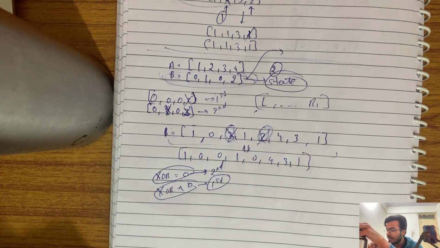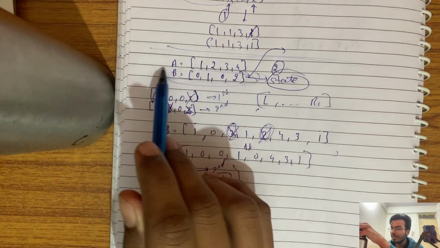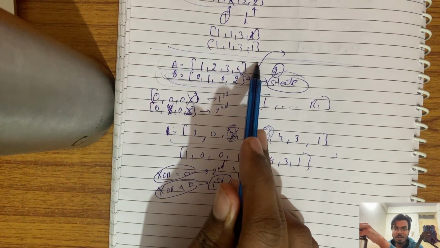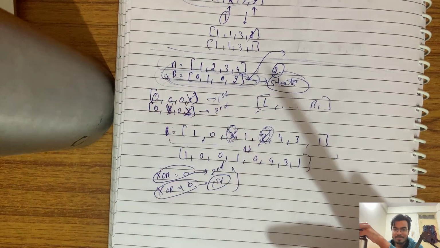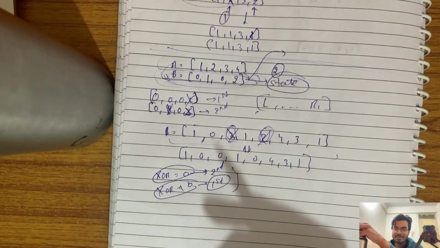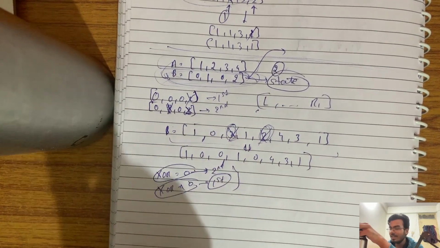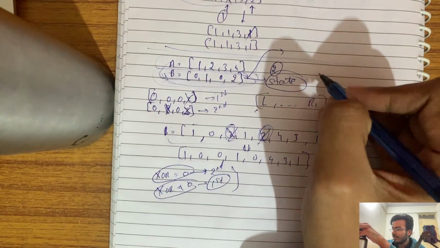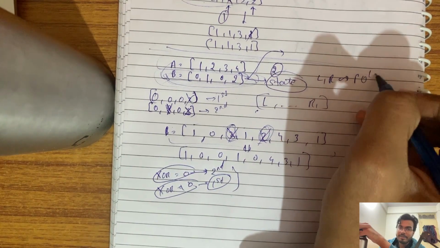But there is a problem in this. Computing the XOR, first we will have to make this array A from L to R, and then we have to convert it to array B. That will take some log time for base P to convert this, and then taking the XOR takes really long when L and R range up to 10 to the power 18, right?